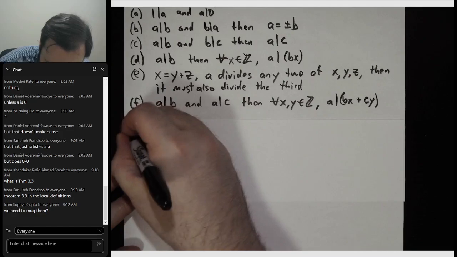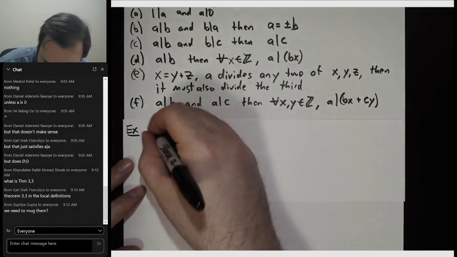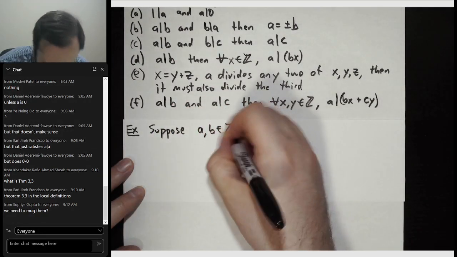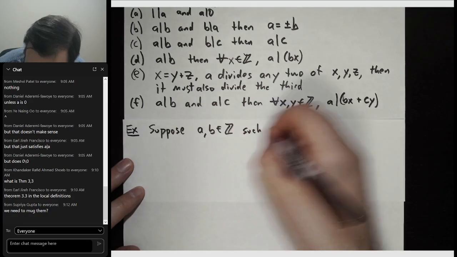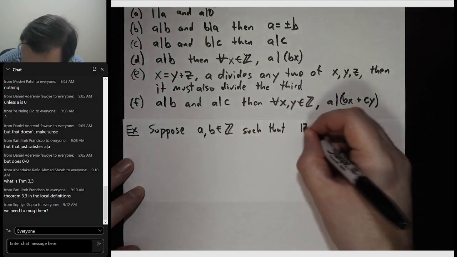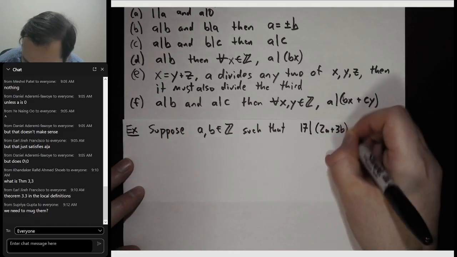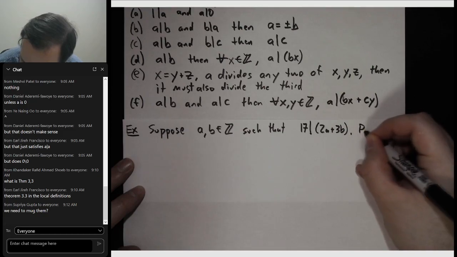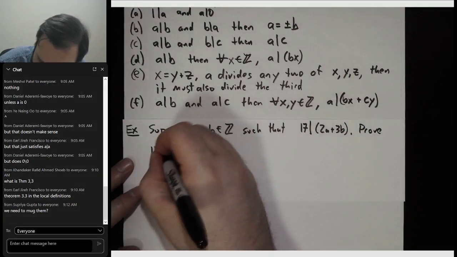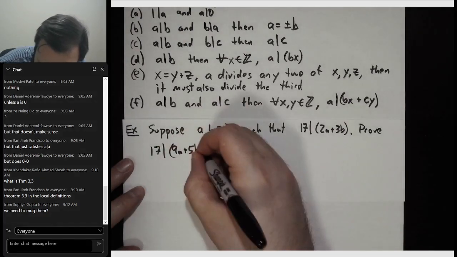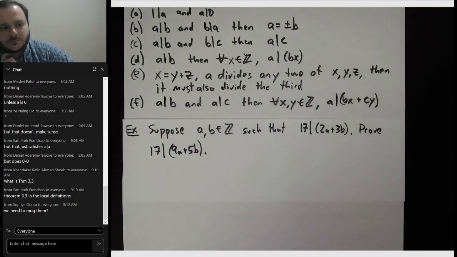So example, suppose that A and B are integers such that 17 divides 2a plus 3b. Prove that 17 also divides 9a plus 5b. Okay, so this is our goal.